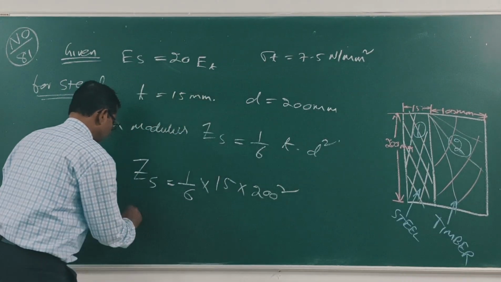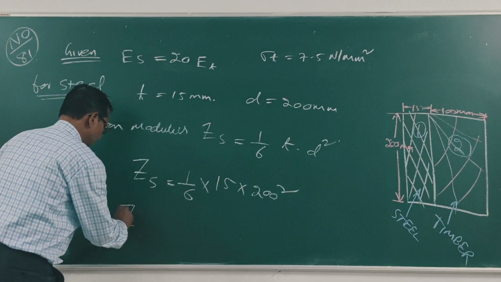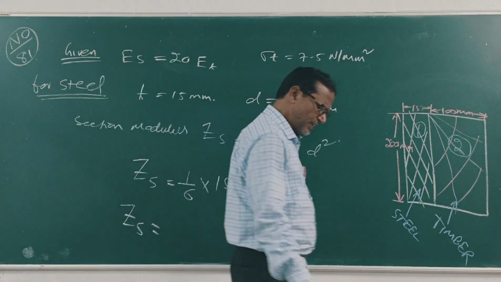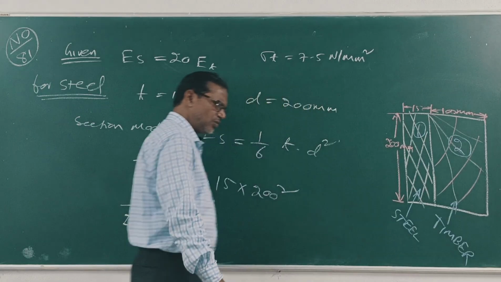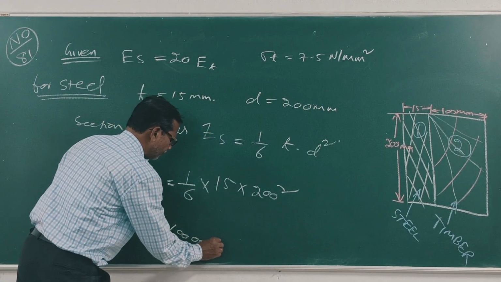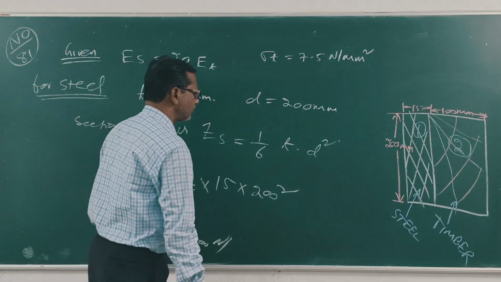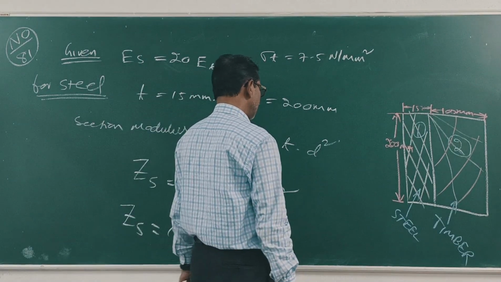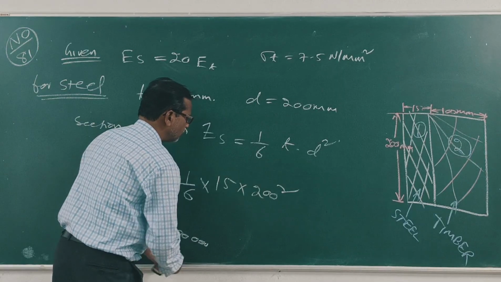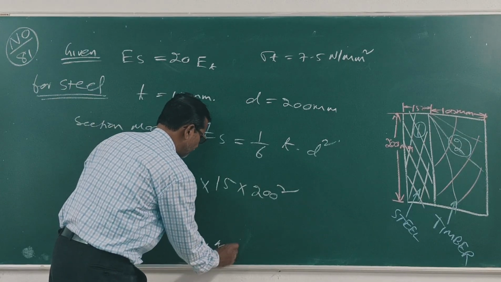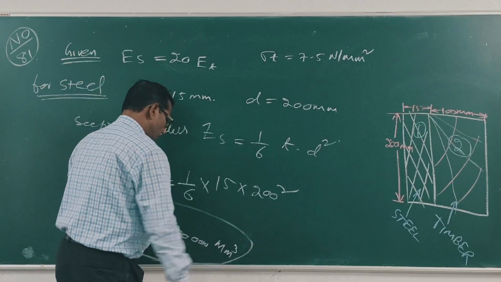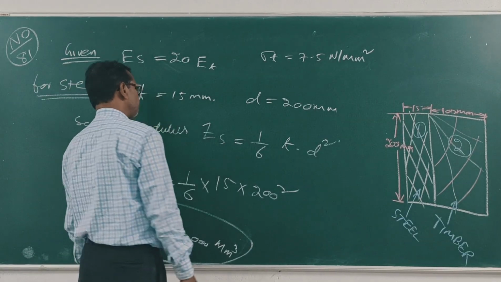Clear? So ZS is equal to 100,000 mm cube.